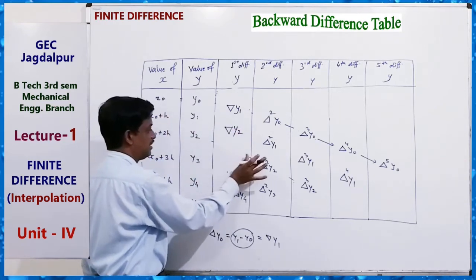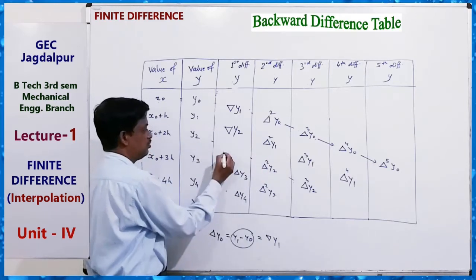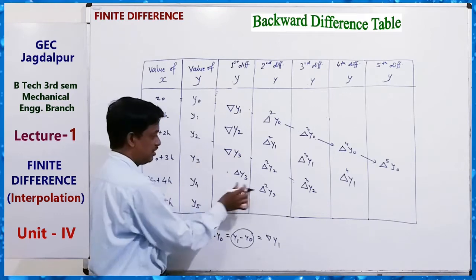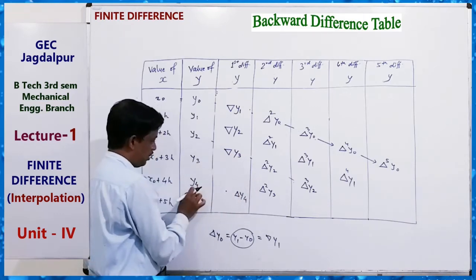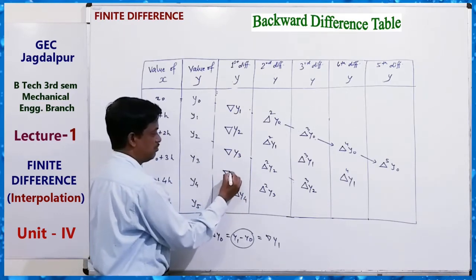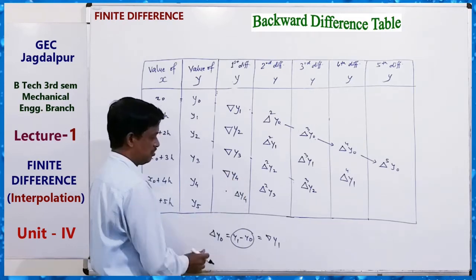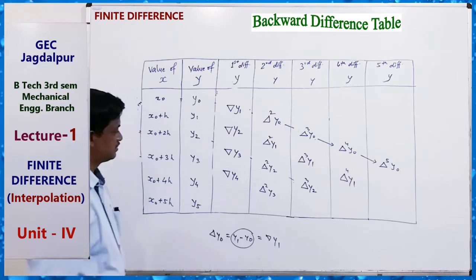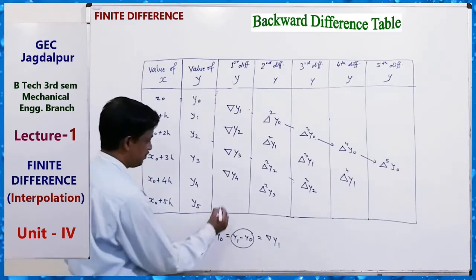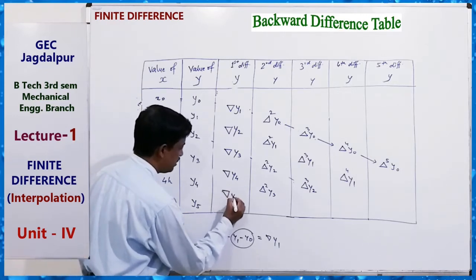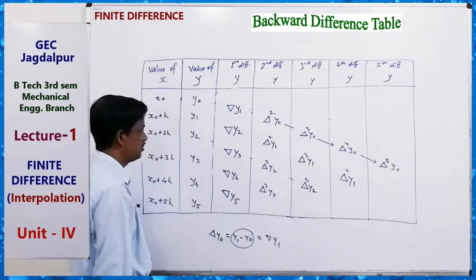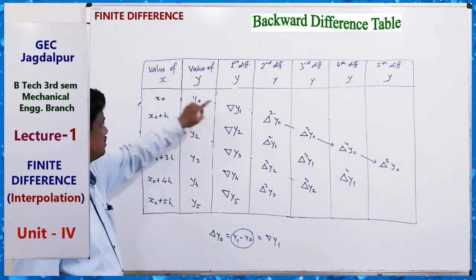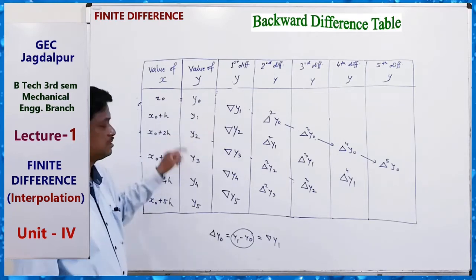Here, y3 minus y2 means backward difference y3. Here, y4 minus y3 means backward difference y4. Clear? Here, backward difference y5 minus y4. So this is the same: this minus this is this, this minus this is this.